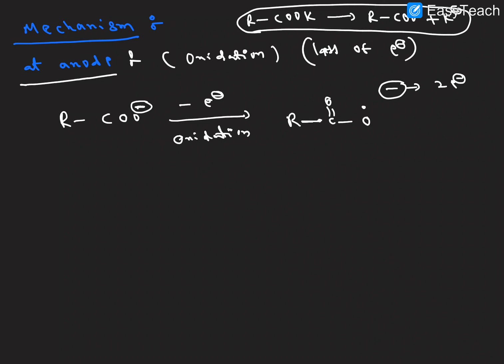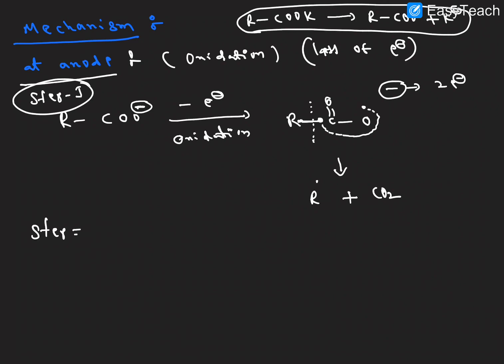Now this radical breaks down to give a product, the R radical plus CO2. This is the step 1 reaction. Next, the step 2 reaction is there.